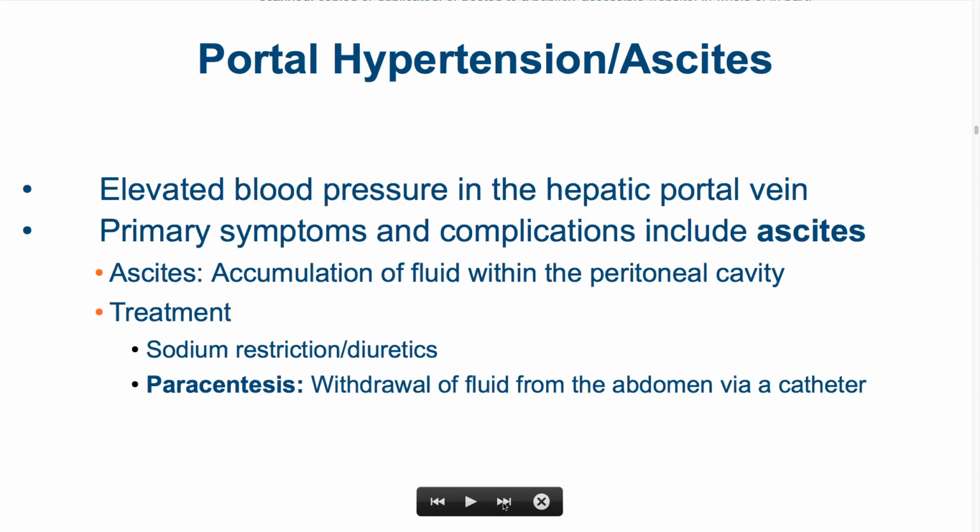Portal hypertension is elevated blood pressure in the hepatic portal vein. The majority of causes are related to cellular change intrahepatically, where cirrhosis is the primary cause. The primary symptoms and complications of portal hypertension include ascites, which is the accumulation of fluid within the peritoneal cavity.